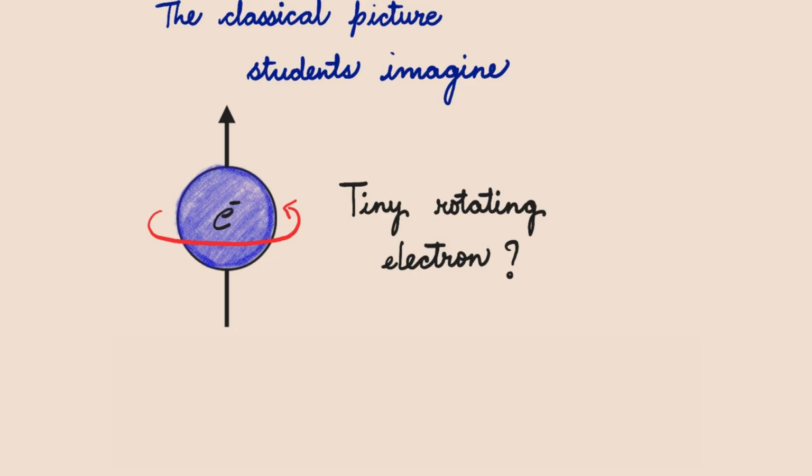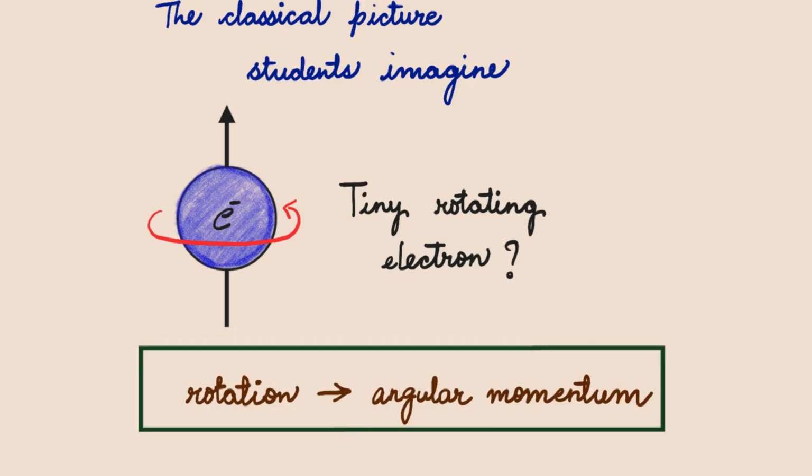The word spin immediately makes us imagine something rotating about an axis. But is that what an electron is actually doing? No. And understanding this is important because the word spin can easily make us apply the wrong classical picture to an electron. In classical physics, when an object rotates about an axis, it can possess angular momentum.